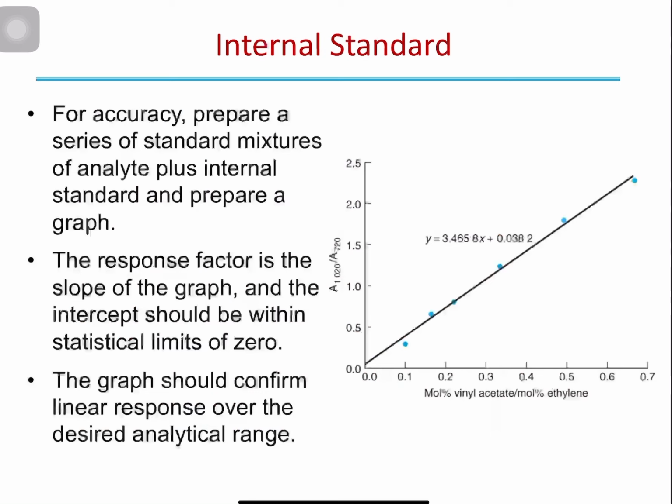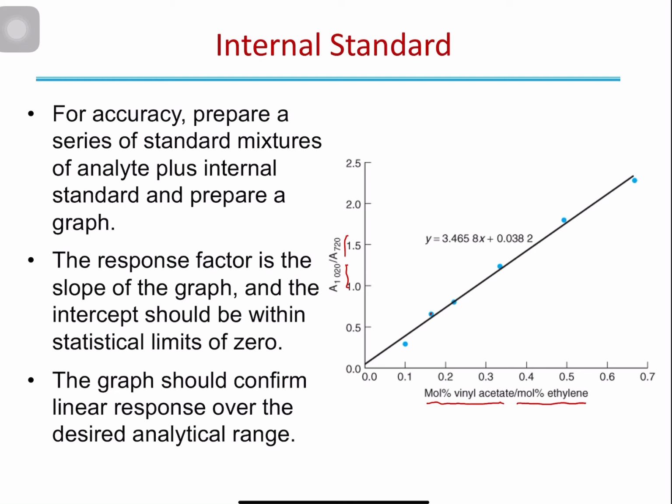Then we run the experiment several times and measure the response in each run with the mixture. On the x-axis, it's going to be the ratio between the concentration of the analyte and the concentration of the internal standard, and on the y-axis, the corresponding ratio of their responses. Usually, the relation between these two should be linear, and we do that for accuracy.